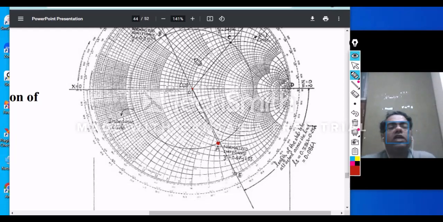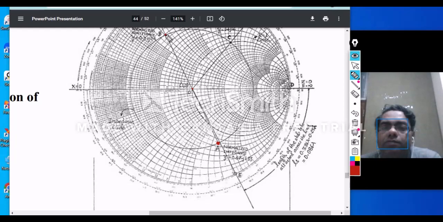When it is connected in shunt, we work with admittances and not impedances. So on this impedance circle we take the diagonally opposite point, say point B, as you can see. This point B is the normalized admittance point.